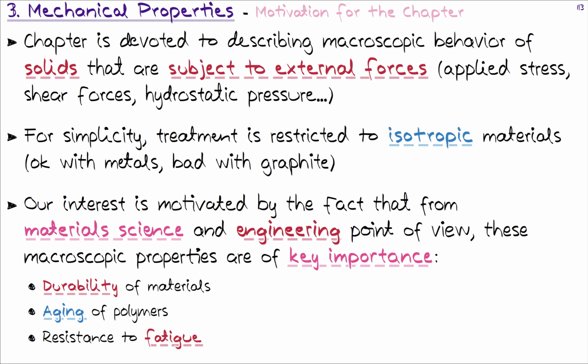Then, this is a classic example, resistance to fatigue. So what happens, for example, to metals when they are being bent, and these shearing forces and stresses are being applied upon a piece of metal, how long can the metal sustain this kind of gradual repetitive stress before at some point it will break down.